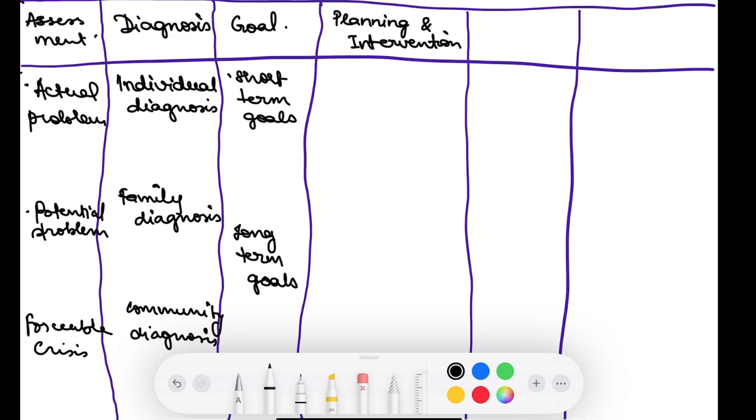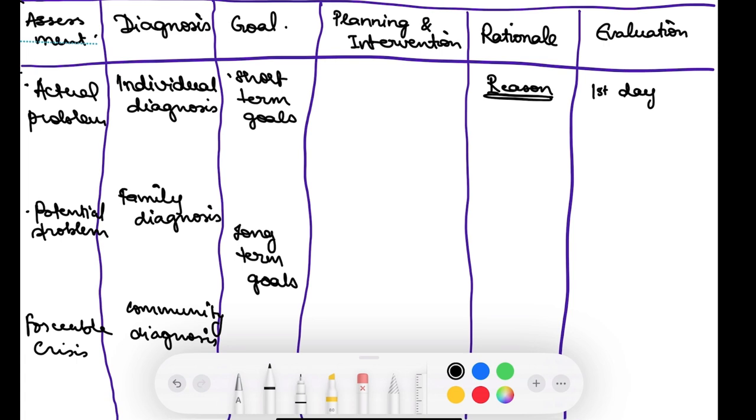We provide all the interventions according to the care, the need or the problem. Next we have rationale, which is the reason why we are providing that intervention, and how it will help. Then evaluation includes what they told us on the first day, how they are doing, and their responses.